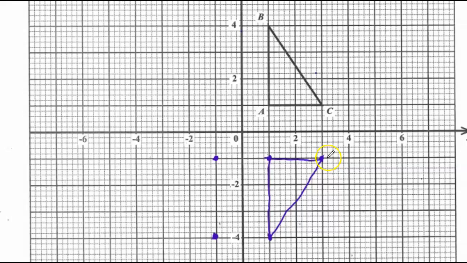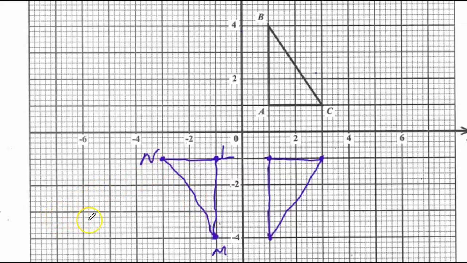And the image of C, how far is that away? 3 units, so it would be 3 units away on the other side here. So I can call this L, M, N. This would be the triangle, reflecting ABC in the x-axis, followed by reflection in the y-axis.